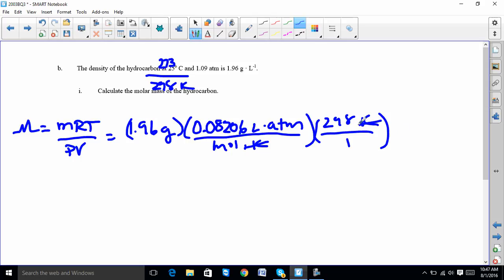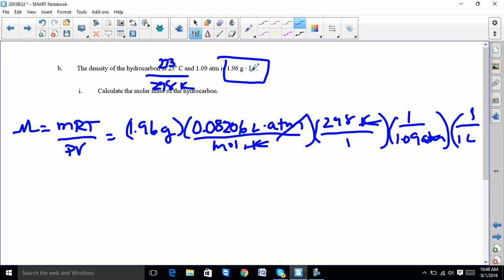P is downstairs, and so I'm going to multiply by the reciprocal just to get it downstairs. 1.09 atmospheres. Atmospheres cancels with atmospheres. And then I told you I would just do 1 liter, because that's what this means. If you had exactly 1 liter, the mass would be 1.96.